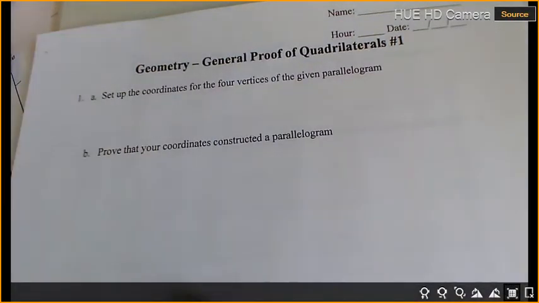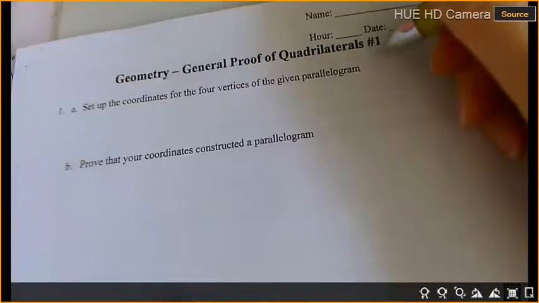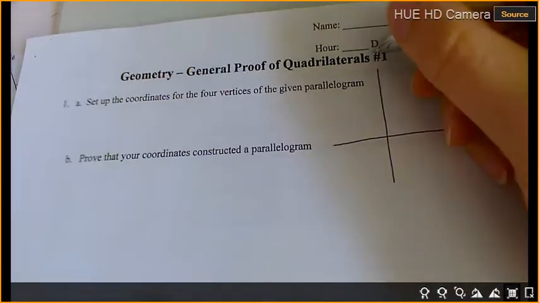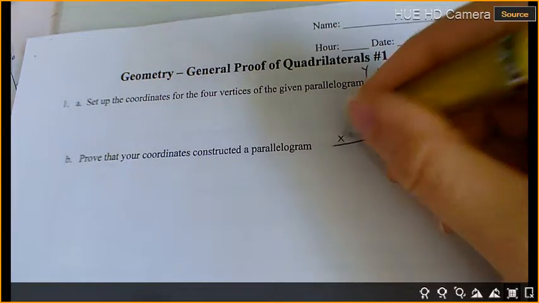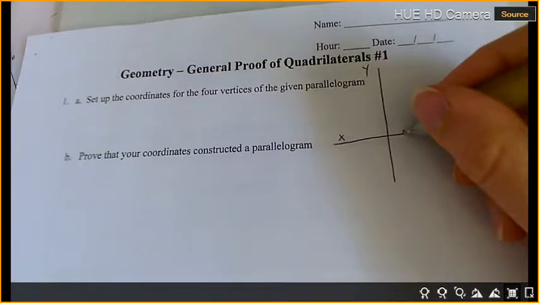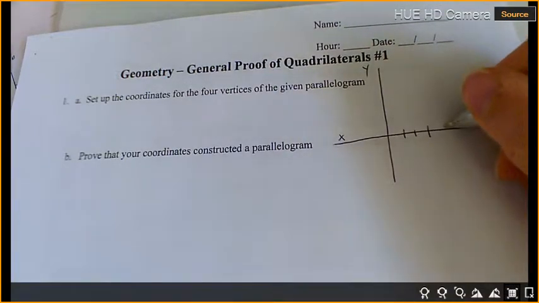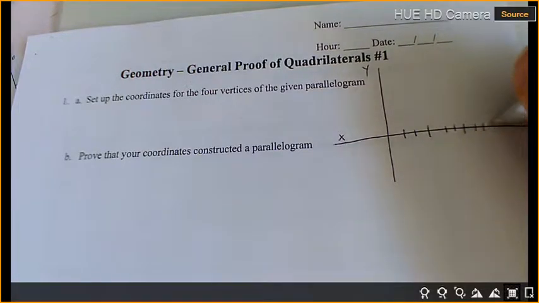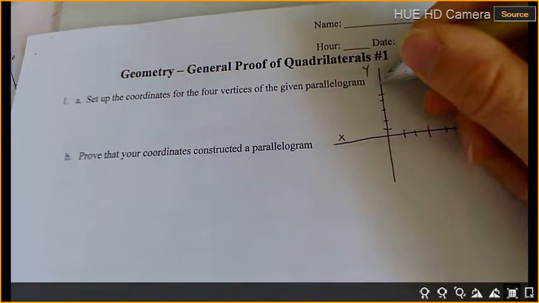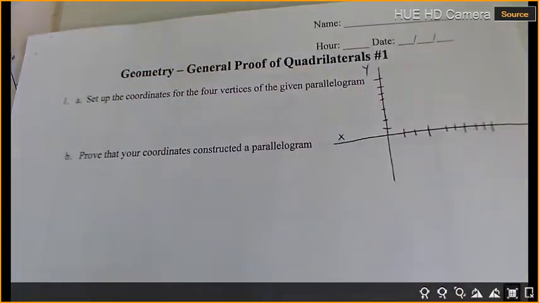So I'm going to draw a little XY axis right here. Here's Y, here's X, and we're going to build a general parallelogram. It's going to look kind of weird. I'm going to make a parallelogram with no numbers.